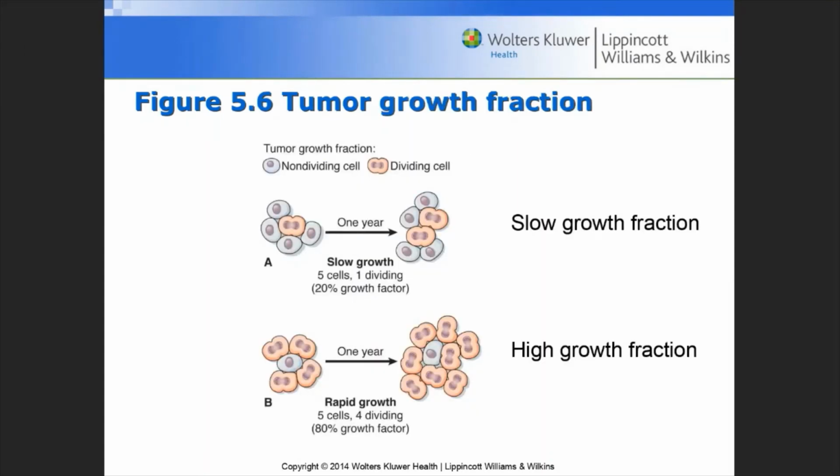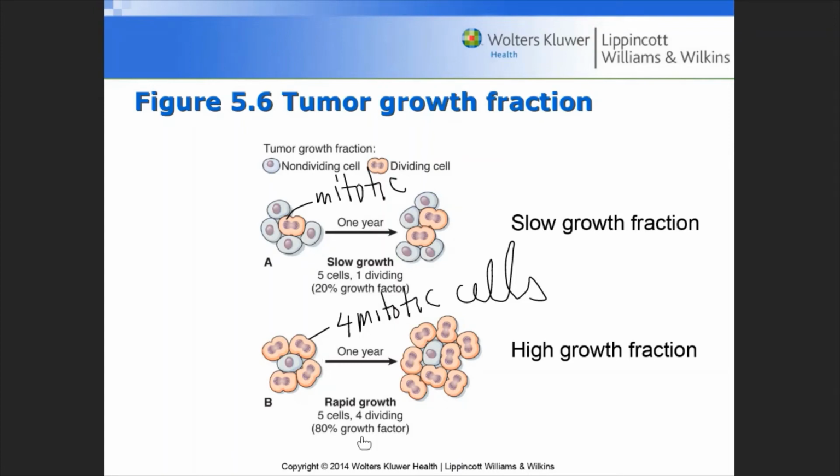So essentially here, these are considered mitotic cells. In this lesion you have one mitotic cell, whereas in this one you have four. Certainly, the lesion with four mitotic cells will have a faster growth rate, right? So this is one dividing cell out of five, so 20% growth fraction.